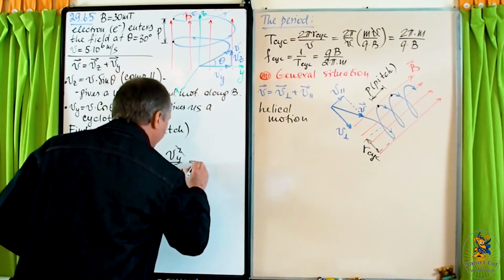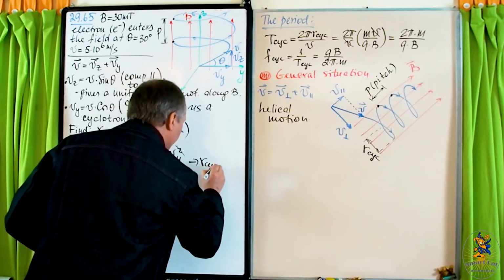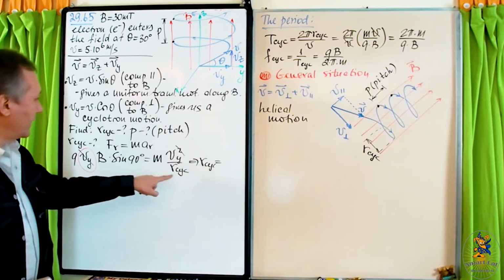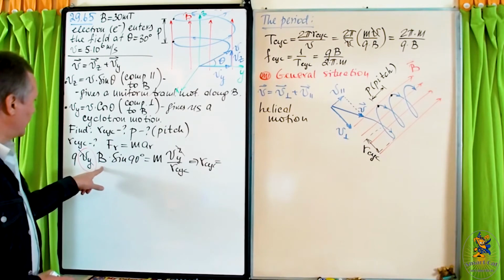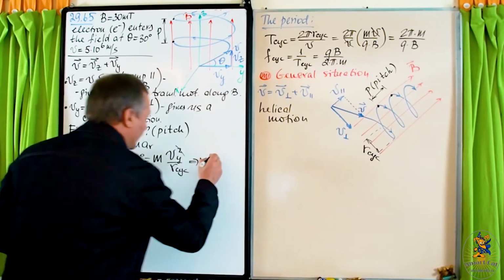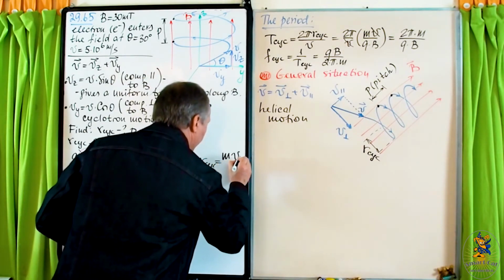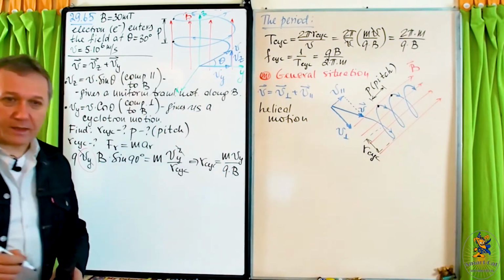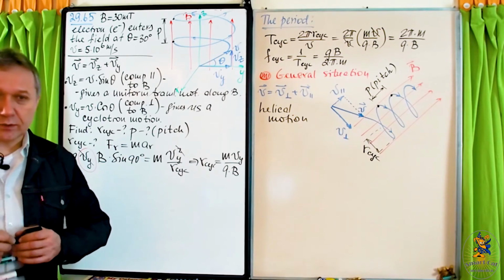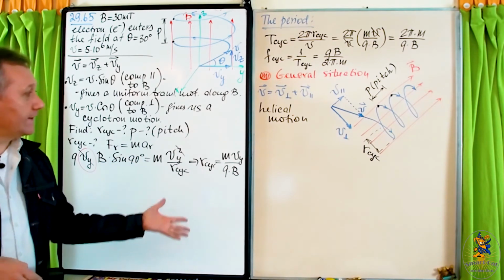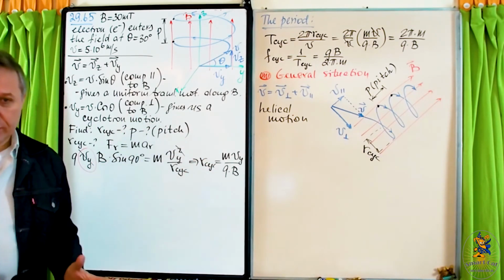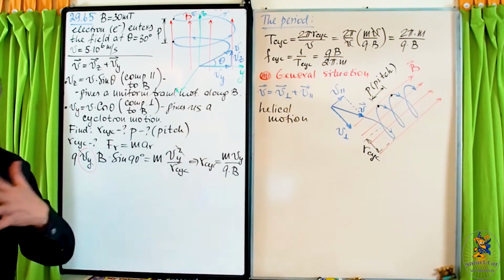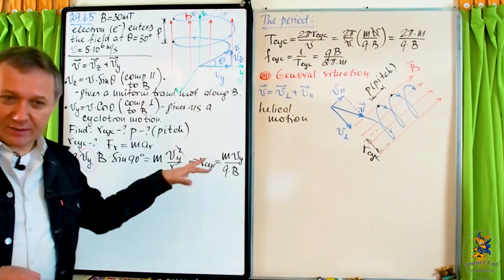So from here, r cyclotron equals m v sub y divided by q times B. Again, the major problem, where students make mistakes, is using the right velocities. In one part you have to use v sub y, in the second part v sub z, but here, v sub y.